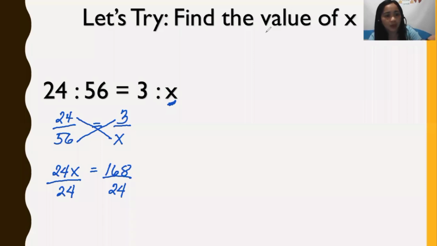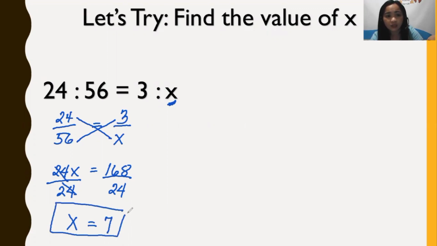Now let us cancel out 24 here. So matitira x. What is 168 divided by 24? That is 7. Therefore, the value of x is 7.